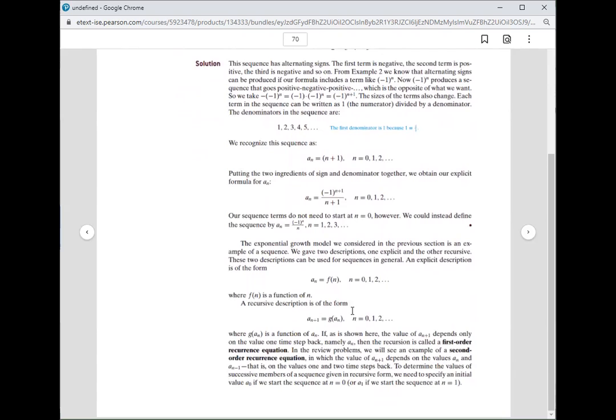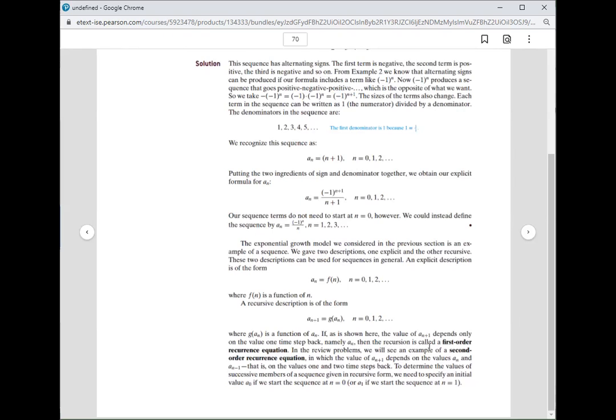So this is the recursive definition of the sequence, namely a_n. It is a function of a_n, right? So it is assumed here that the value of a_(n+1) depends on the value one step back, namely a_n.